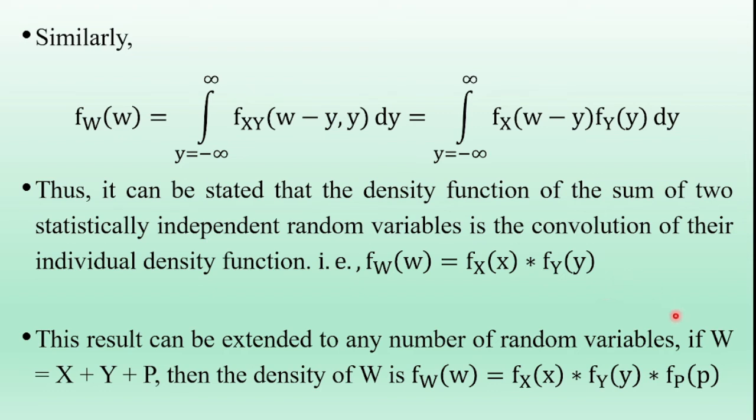For example, consider the sum of three random variables, W equal to x plus y plus p. Then the density function of W is f_W(w) equal to the convolution of their individual density functions, that is f_X(x) convolution f_Y(y) convolution f_P(p).